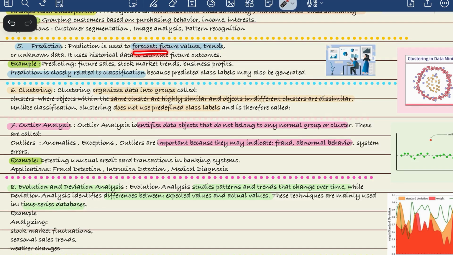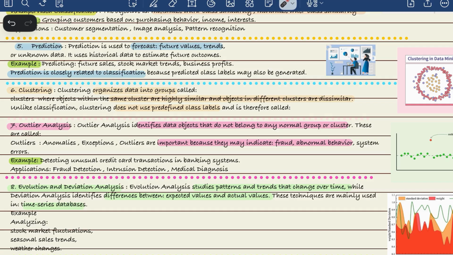So it is forecasting future values and trends for unknown data, using the historical data. For example, we have to predict the sales. Suppose you own an e-commerce brand and it is using past growth metrics to predict exactly how much net profit or sales revenue they will generate in the next quarter.